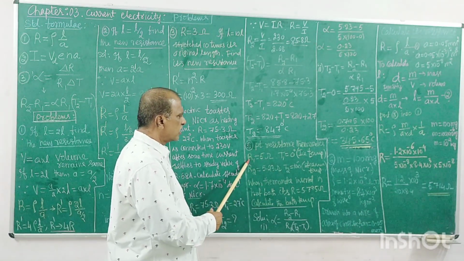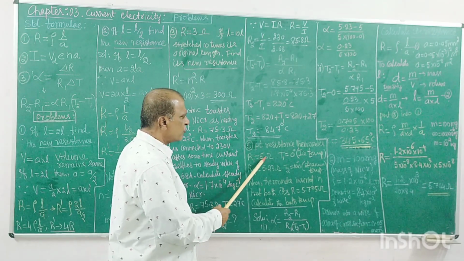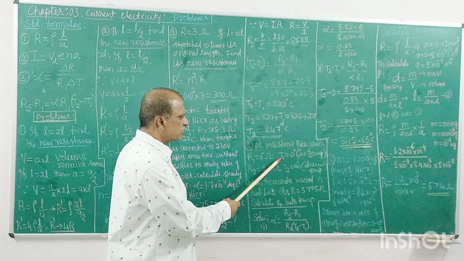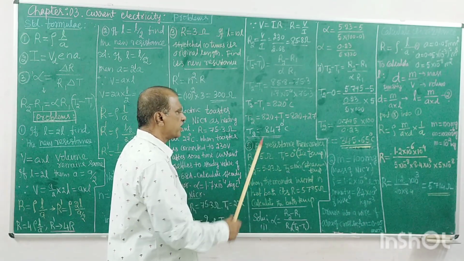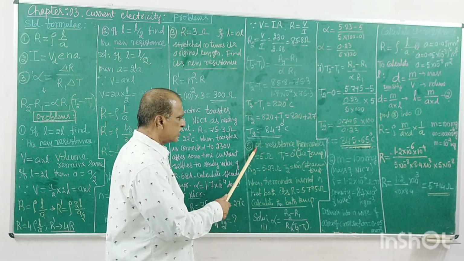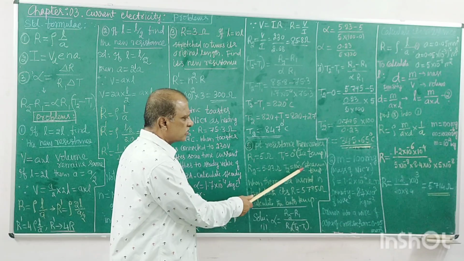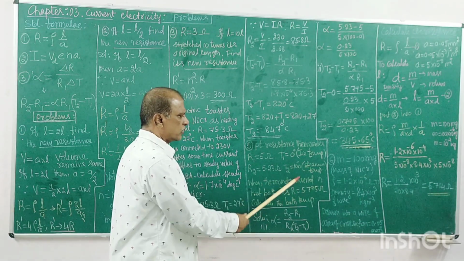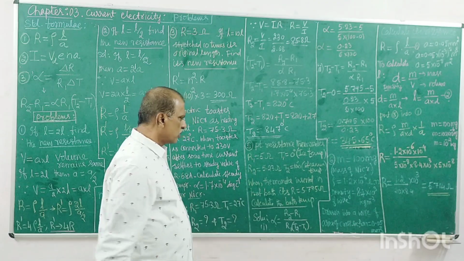The resistance of the platinum wire is 5 ohms at ice temperature, which is 0 degrees, and this value at steam temperature, 100 degrees centigrade. These sets of values are given.